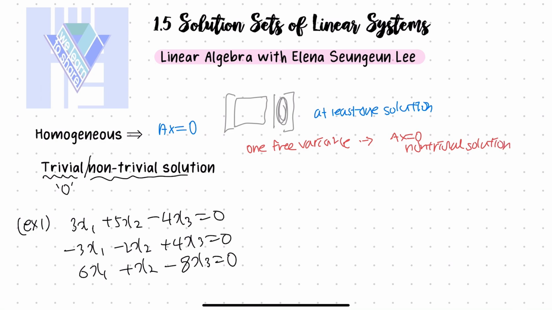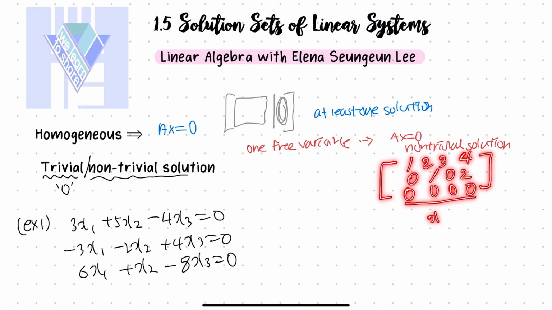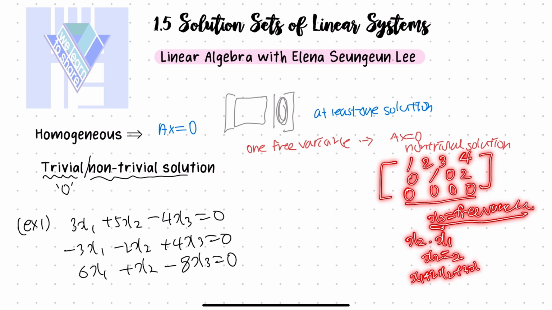Let's remember what a free variable was. Let's find a better example. In an equation like this, you'll have x3 as your free variable. You can express the other variables, for example x2 and x1, which are basic variables, not free variables. You can write that x2 equals 2, and you can also write that x1 plus 2x2 plus 3x3 equals 4.